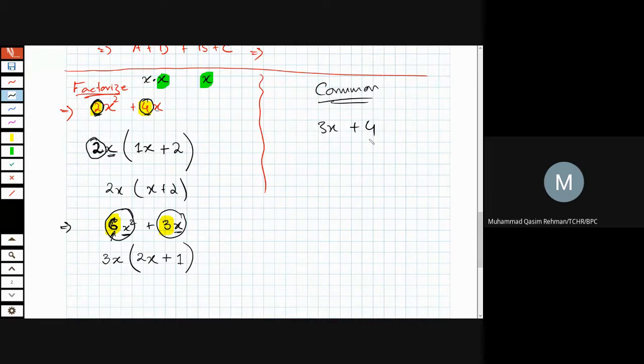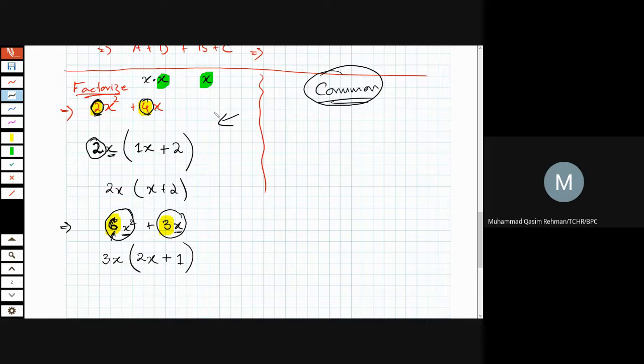Taking common and factorize, they are two different things. I am using a process of taking common in order to factorize on the left hand side. On the right hand side, I'm going to tell you what we actually mean by taking common.